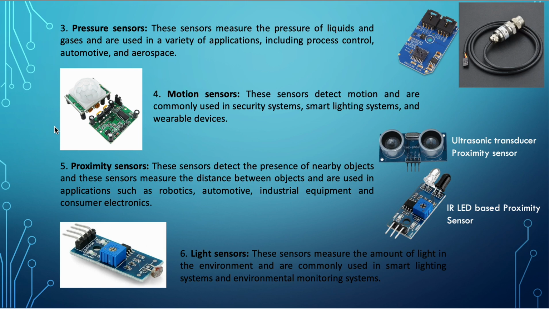There are ultrasonic and IR based sensors. So again, while talking about these points, the main part that I wanted to highlight is that the pictures that are seen here are commonly used IoT sensors in Arduino.